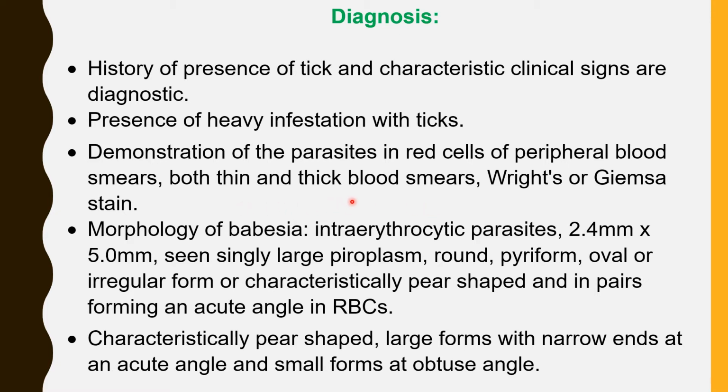So thick blood smears also will help, stained with appropriate stains, Leishman stain or Giemsa stain. Clear-cut parasites are found inside the RBC.